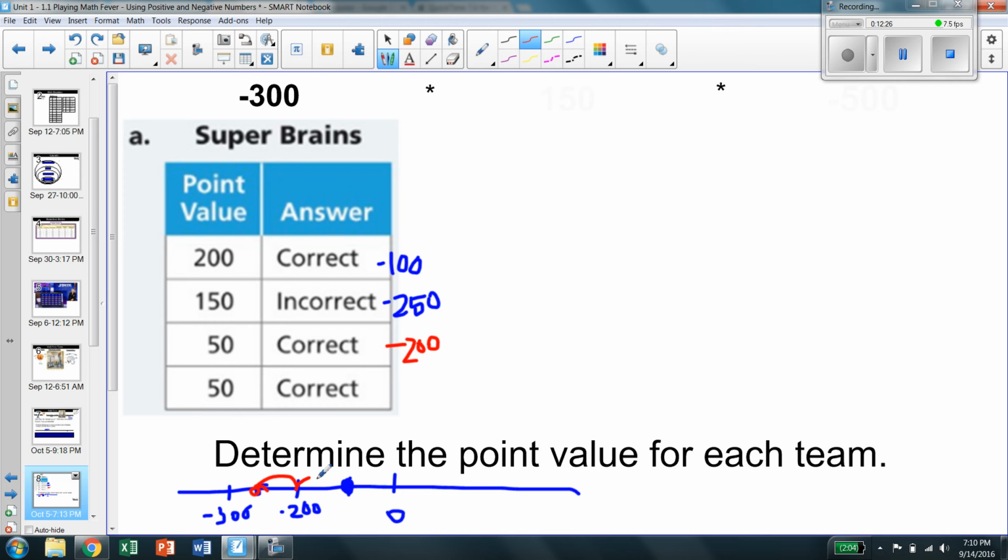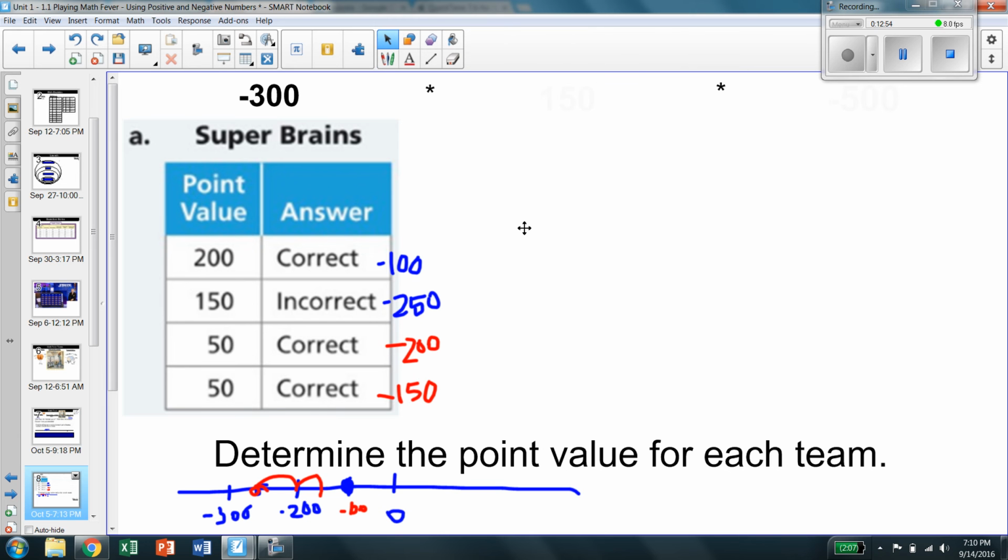So then we're at negative 150 points. Sloppy, but good enough.